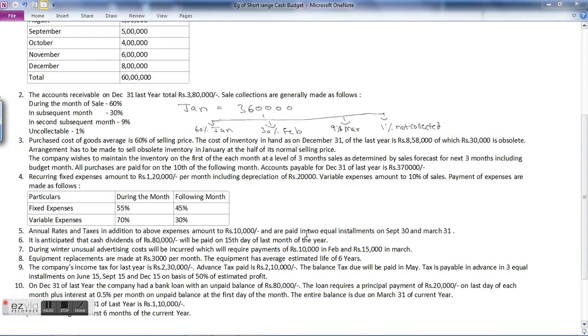So first, what we need to do is analyze the quantity that is required to be purchased in a particular month. How will we calculate that?